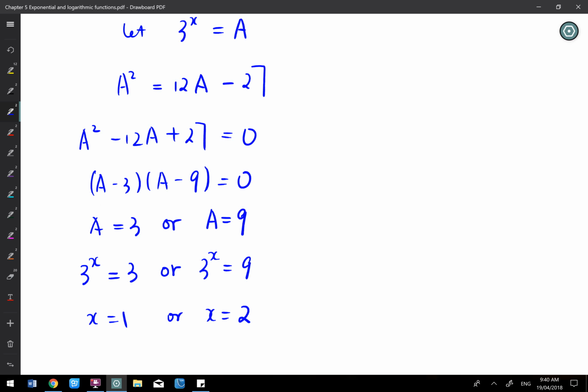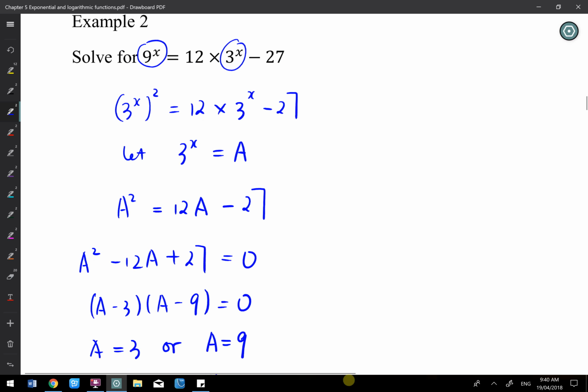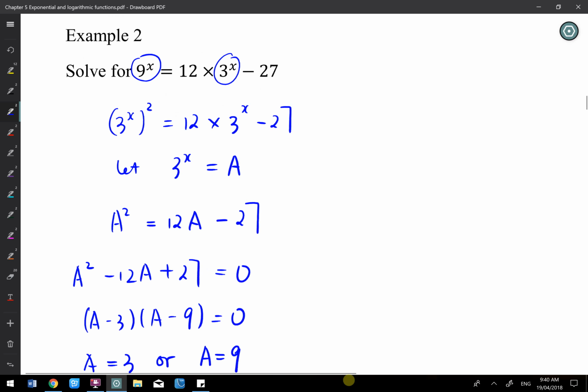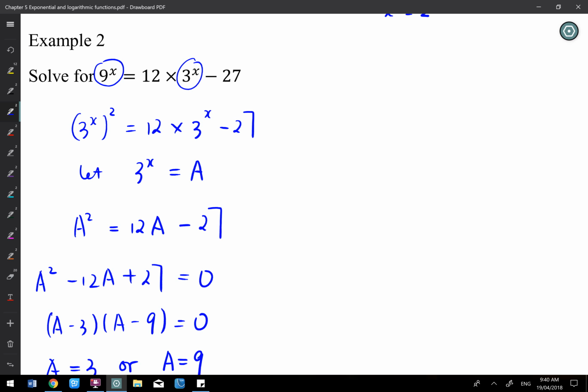All right, let's do another question. I will just write another type, which looks totally different, but it belongs to the same type.